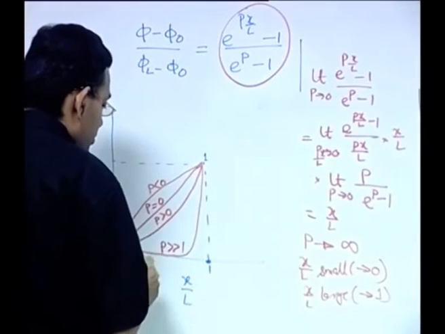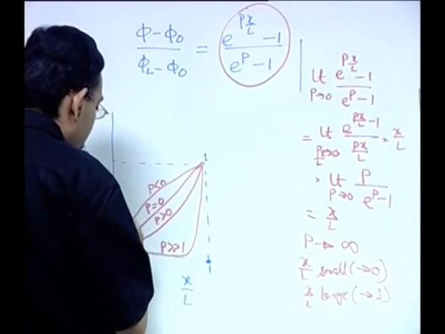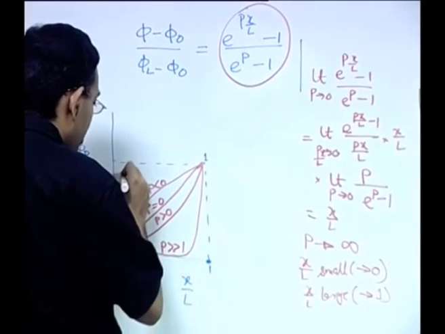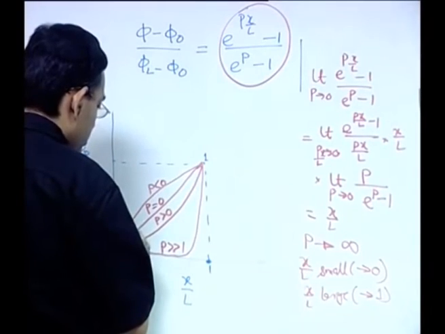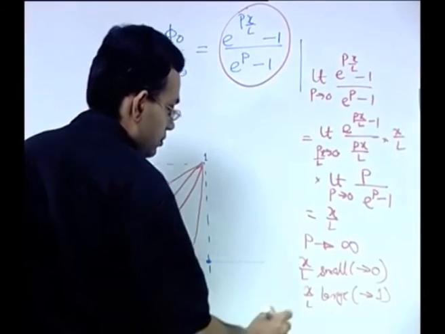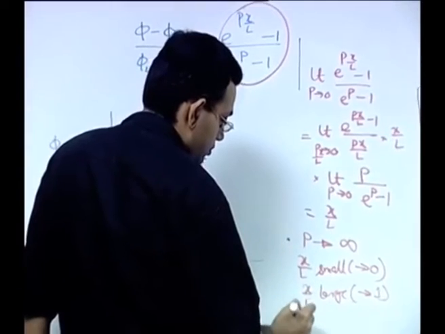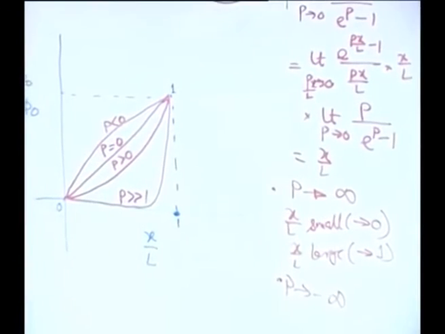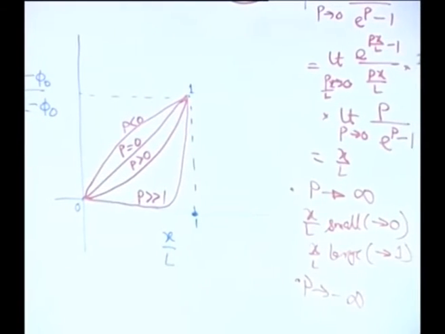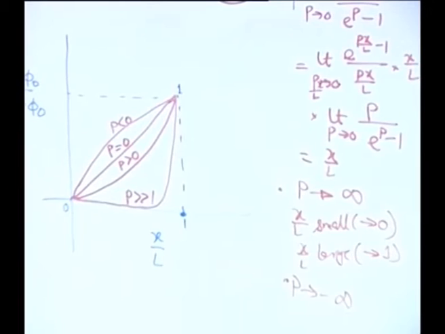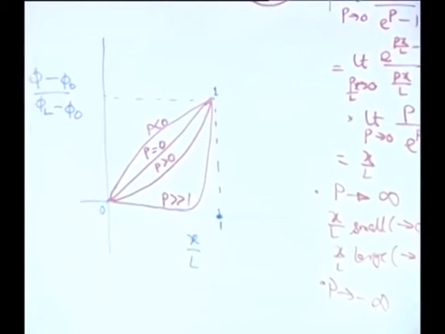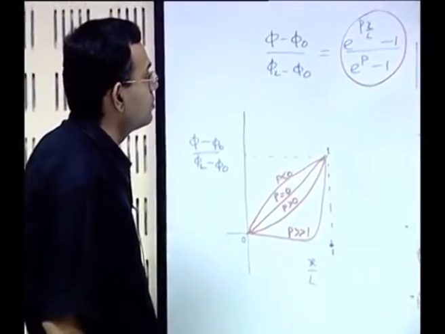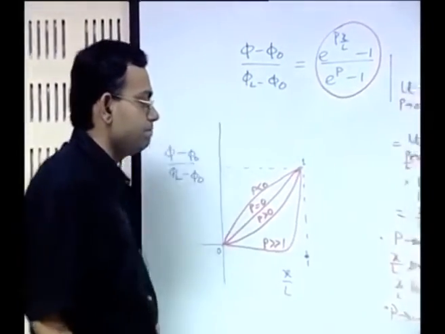Similarly, a large negative number, if the Peclet number is a large negative number, then what happens?